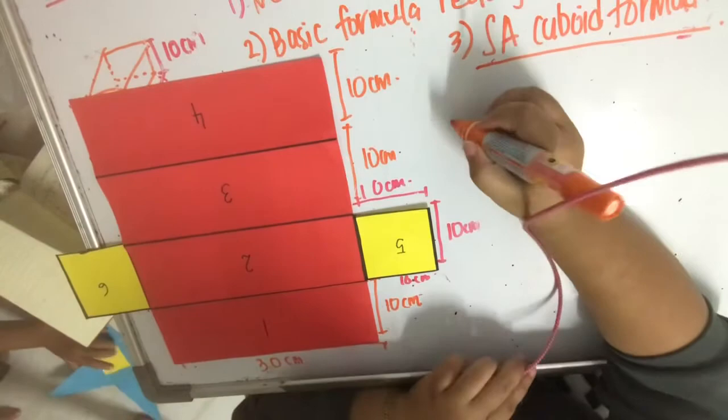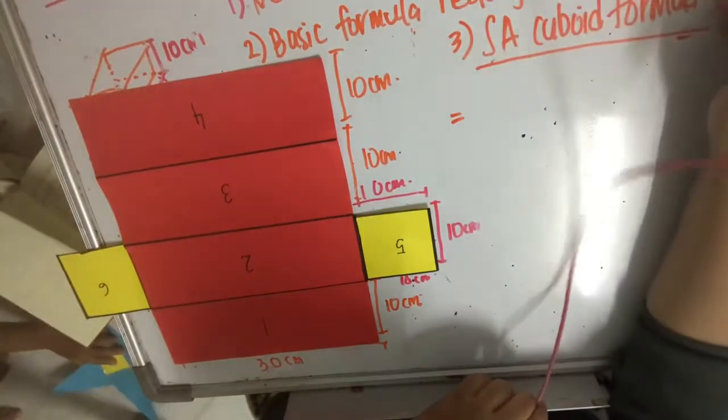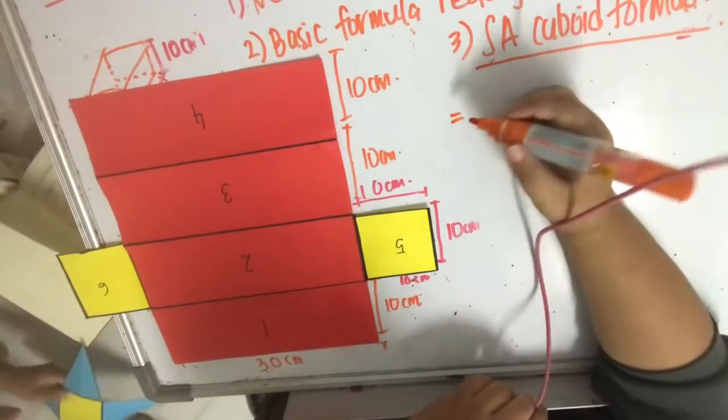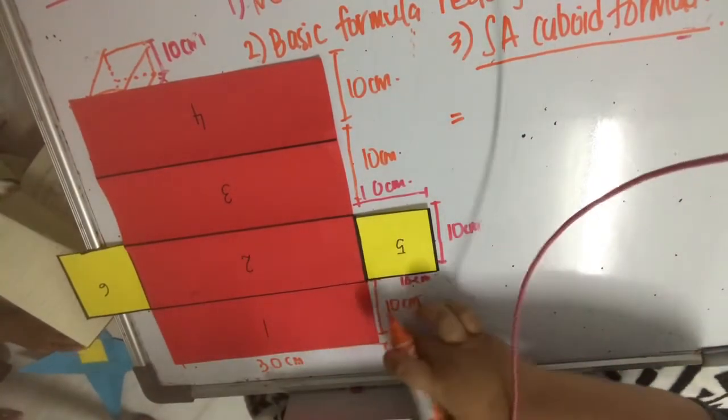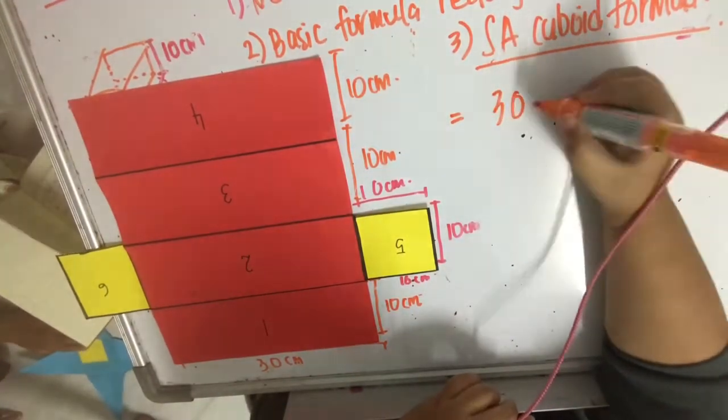So the surface area of a cuboid formula equals the length times the width, which is 30 times 10.